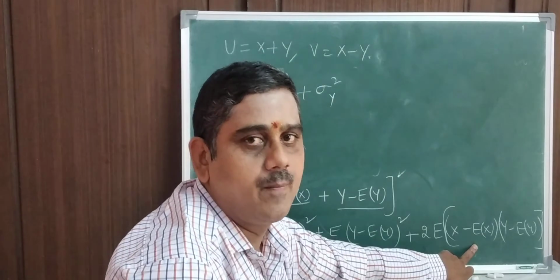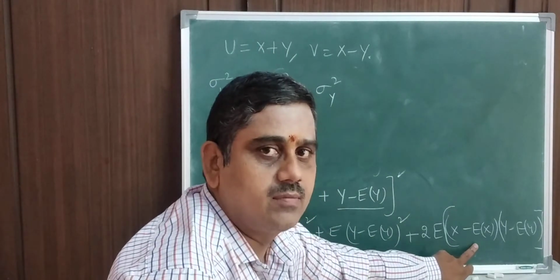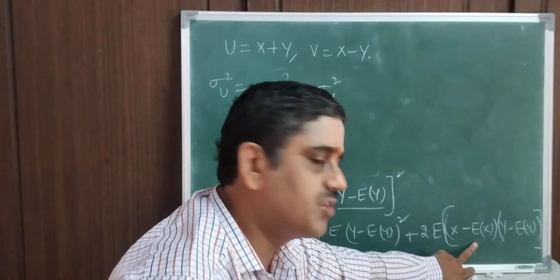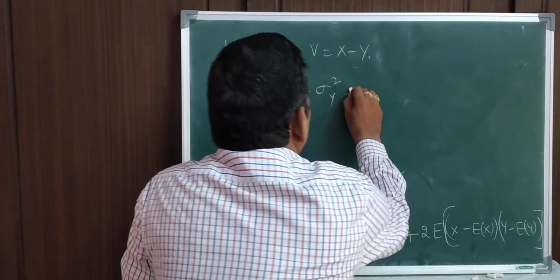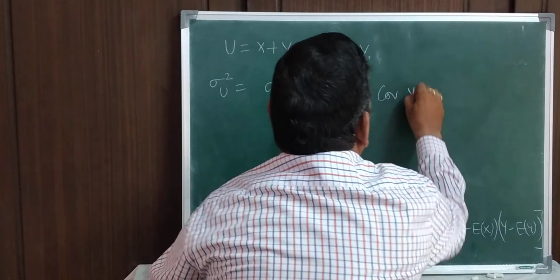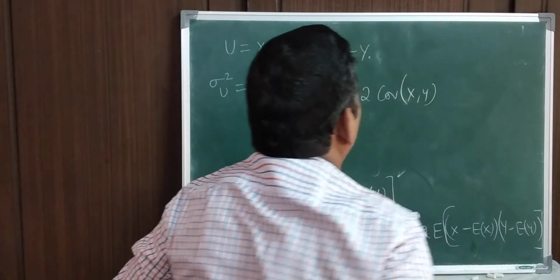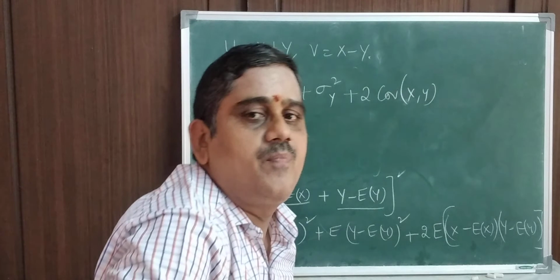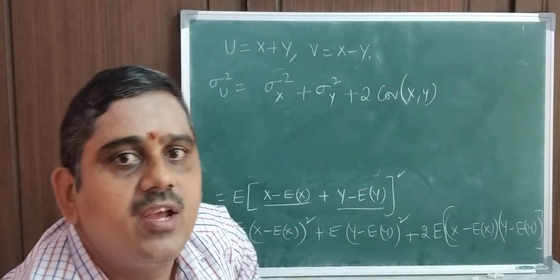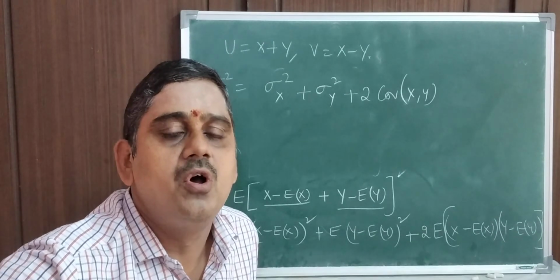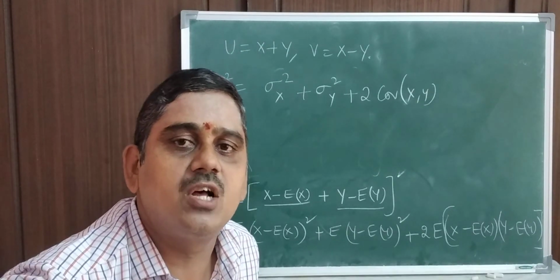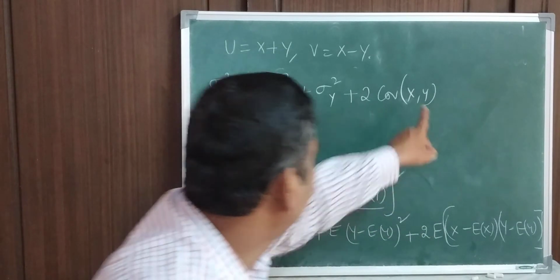Covariance of xy. Expectation of x minus expectation of x into y minus expectation of y is the direct formula of covariance of x and y. Therefore, this is plus 2 into covariance of x comma y. At the very first, it was specified that x and y are uncorrelated variables, from which I considered Rxy 0, from which covariance of xy is also 0. So therefore, this is 0.